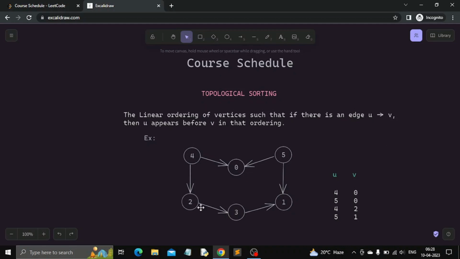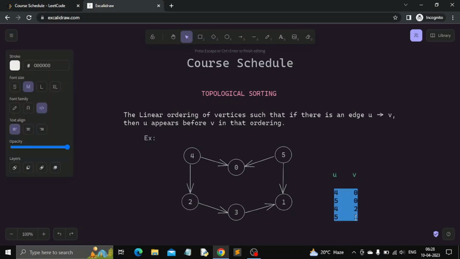Then we have an edge from node 2 to node 3, so 2 will be our u and 3 will be our v, and the last edge that we are having is from node 3 to node 1, so 3 will be our u and 1 will be our v.